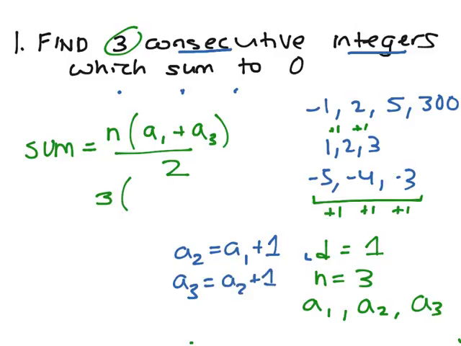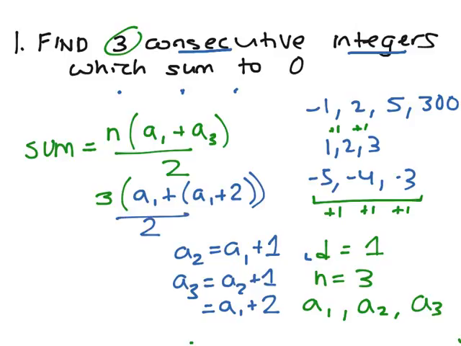So a3 must be a1 plus 2. So if we put that into the equation, we have 3 times a1 plus a1 plus 2, over 2, is our sum, and we're looking for a sum of 0. So we'll put 0 here.